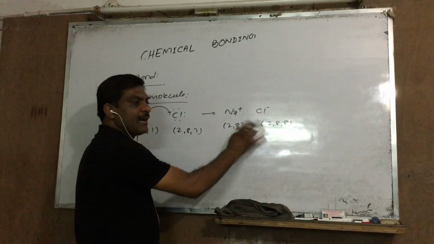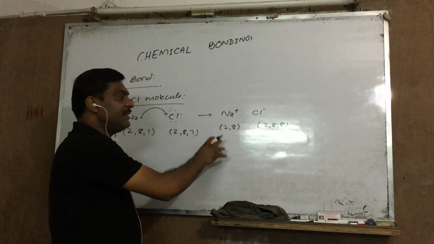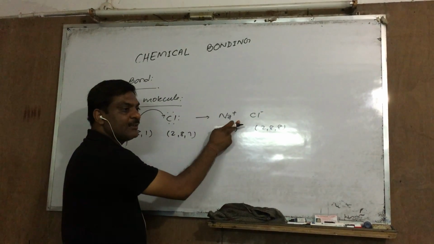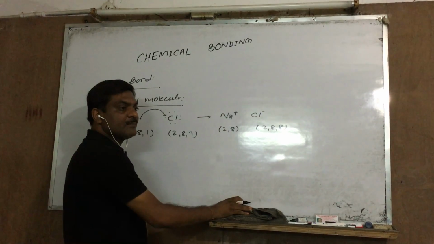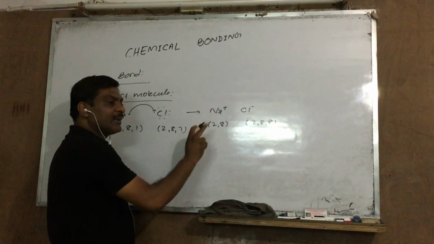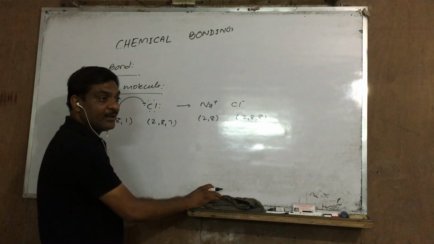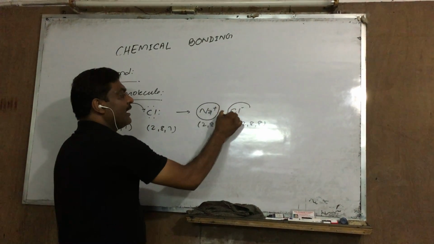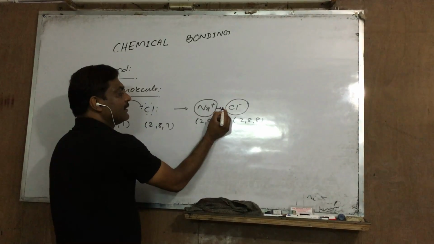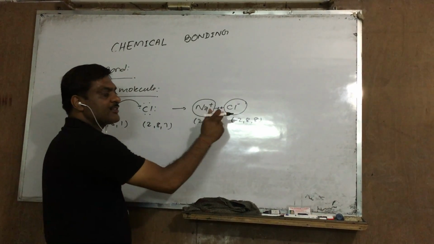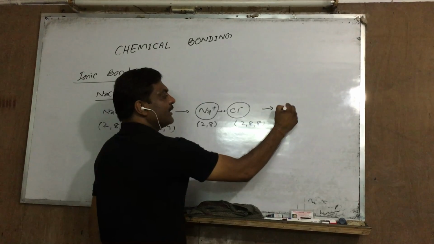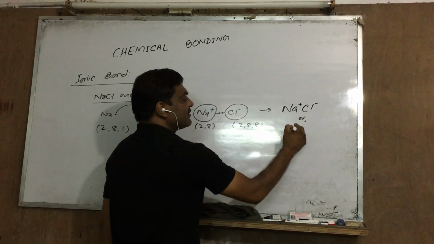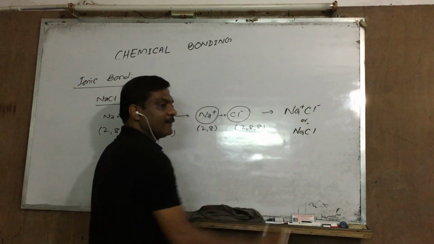In gaining this stability, sodium loses one electron and becomes positively charged. Chlorine gains one electron and becomes negatively charged. Now these two oppositely charged ions attract each other with an electrostatic force of attraction and aggregate together to form Na+Cl-, or simply NaCl.